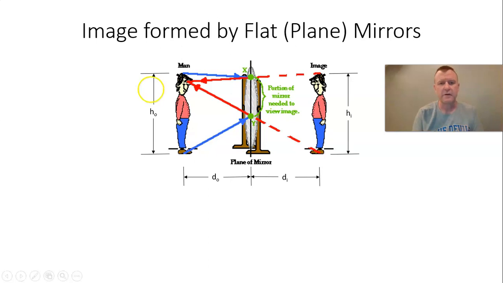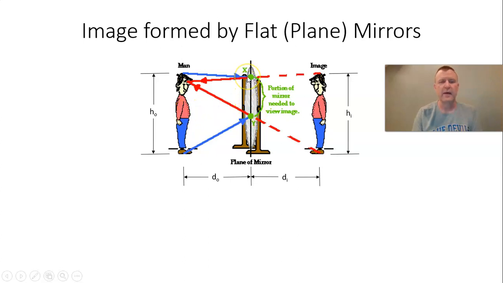Now, another thing here is how much of the mirror you actually need to see your image. So if you look, this guy only needs from this distance from X to Y, they have it labeled. Turns out that's half the person's height. And if you think about it, it makes sense. So the point Y is halfway between the guy's foot and his eyeball. Okay?